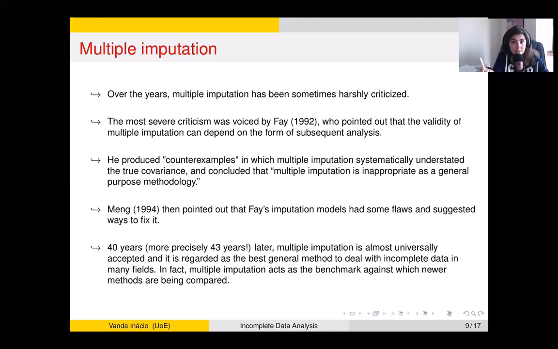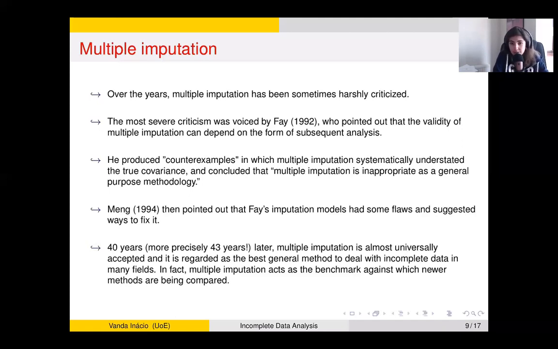In a certain sense, it was not bad that he pointed out those problems, because then people working in multiple imputation realized that it could be a problem, but that there are ways you can fix it. So it was possibly an unfair criticism, but I think it led to fixes, and nowadays we do better multiple imputation also because of him.